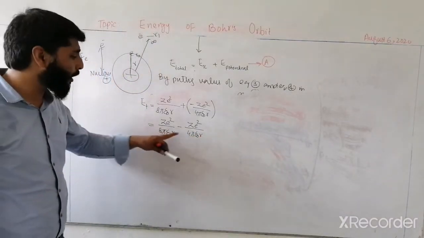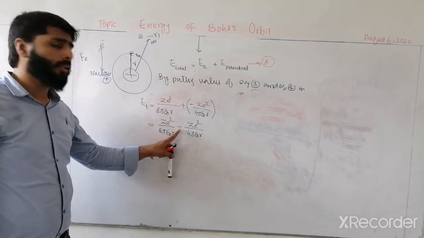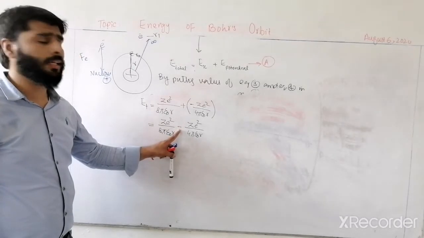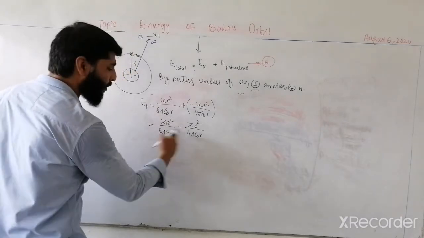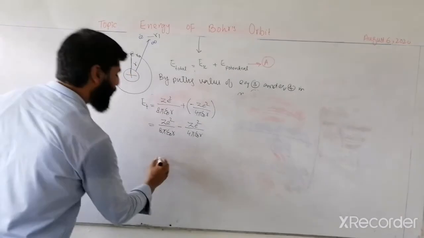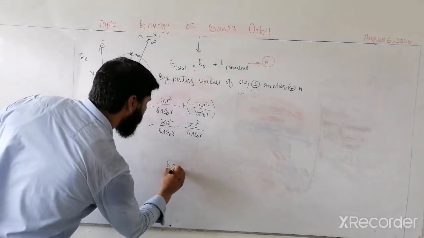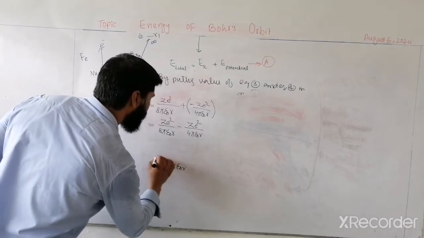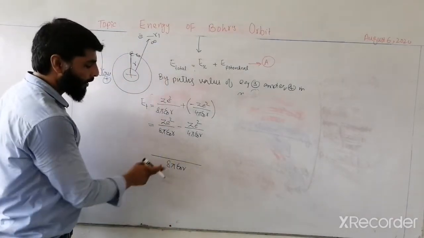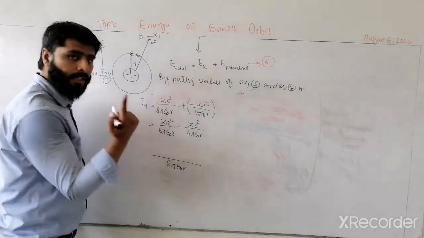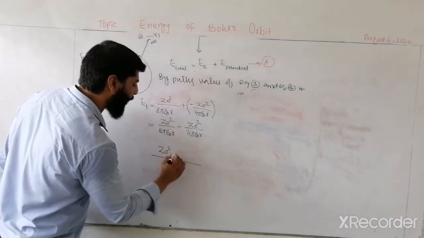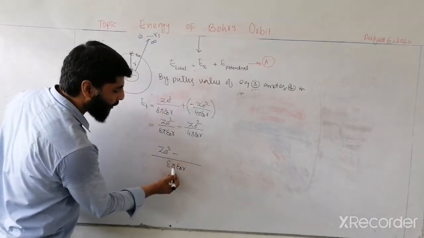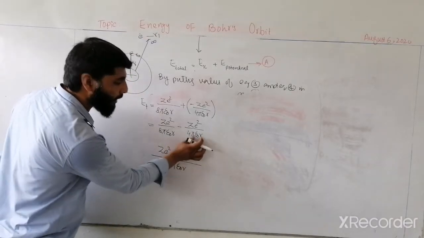Now we have two factors which are being subtracted, so we can take the LCM of these. What will be the LCM of these two values? The LCM will be 8 pi epsilon naught R. By dividing this factor with this one, we get 1, and multiplying here we get Z E square, and pi epsilon naught R will be cancelled out.